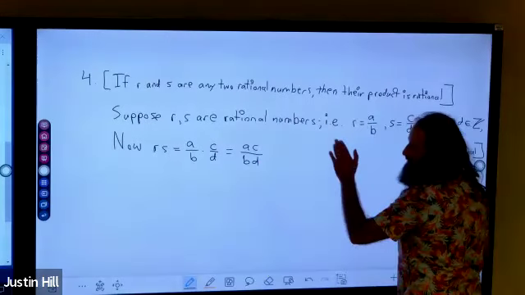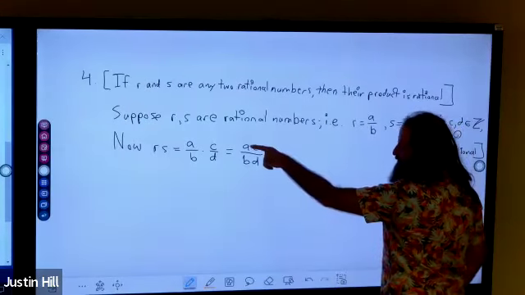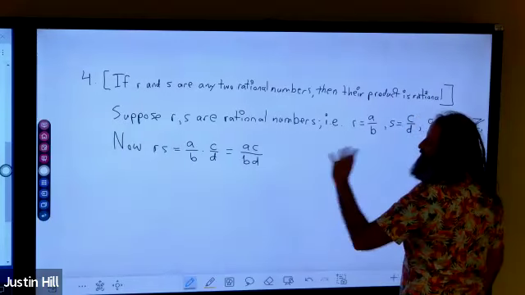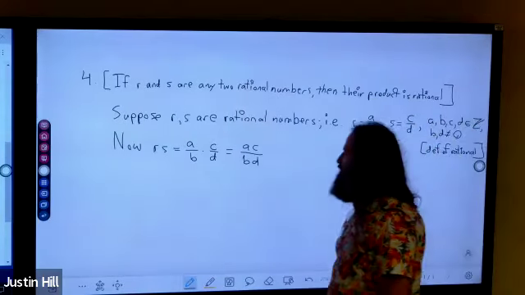And again, the nice thing about this is that it's simple from here. I just need to show AC is an integer, BD is an integer, and BD doesn't equal 0.